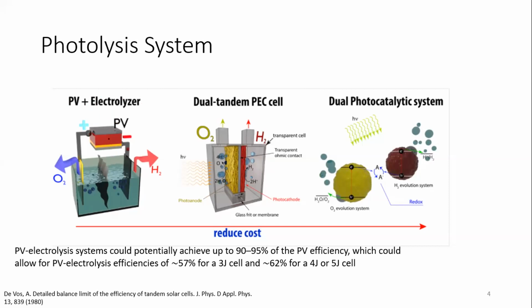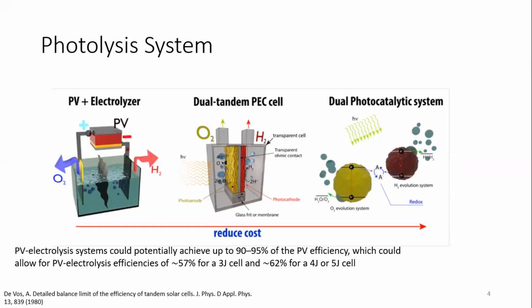Then we use that electrical energy to feed into the electrolyzer unit to convert water into oxygen and hydrogen. The problem with this system is that we need two different setups, one for the solar cell, another for the electrolyzer. If we want to provide energy for mass production, this is quite complex. And also if we calculate the cost per hydrogen, it's not that much cheaper than other systems. It's quite a bit expensive.